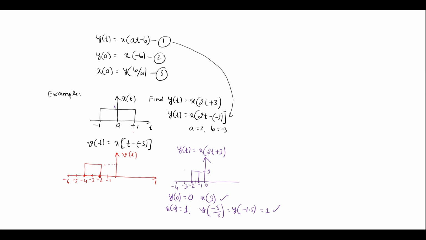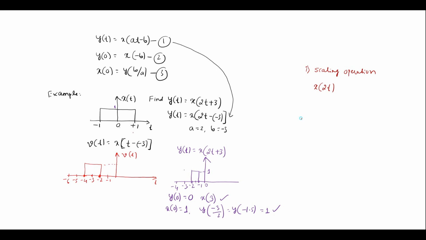Now we'll see what happens if we perform the scaling operation first and the shifting operation next. So first we are supposed to perform x of 2t.